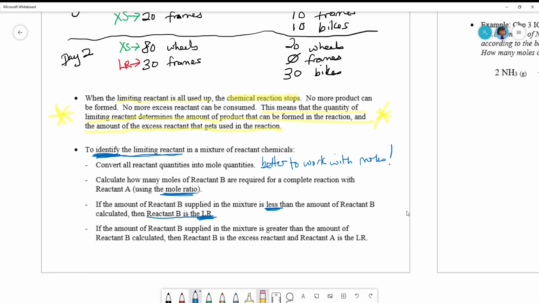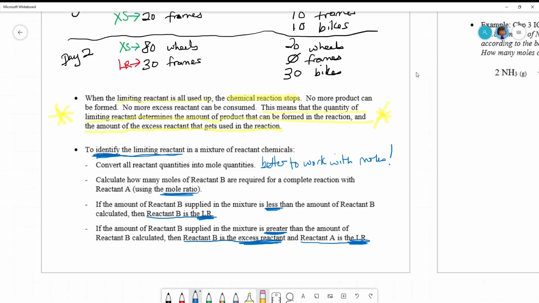The opposite is true as well. If the amount of reactant B in the mixture is greater than the amount of reactant B calculated, then reactant B is the excess reactant, which means by default, reactant A is the limiting reactant.